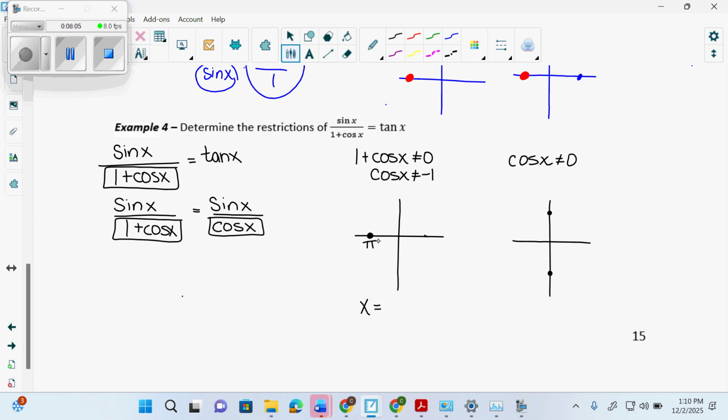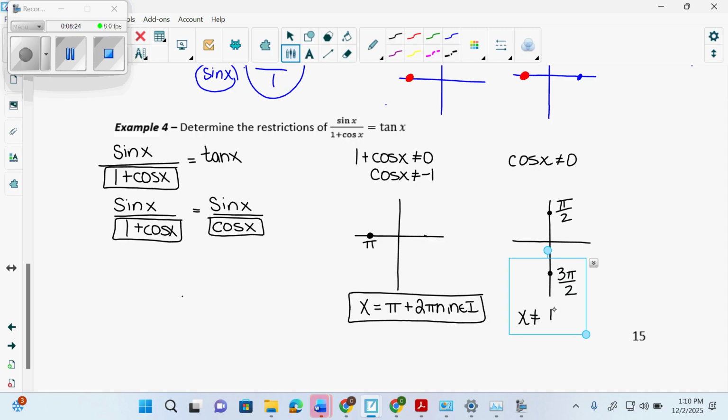So this is pi plus 2 pi n, n an integer, because it has to go around in a full circle. This one is pi over 2 and 3 pi over 2, so it's pi apart. So this one I have to go x can't equal pi over 2 plus pi n, n an integer. And I would have to give two general solutions. I can't give it as one.